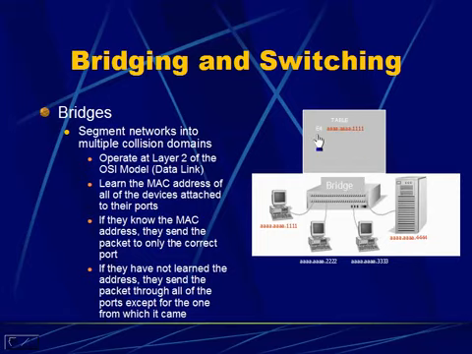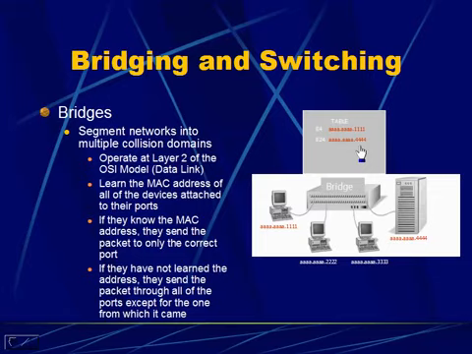It knows that it's going to send that packet straight out its E4 port, and it's not going to bother any of these other segments. But before it sends it, it's going to add E24, the port that it came in, and then the MAC address of the server that sent it.